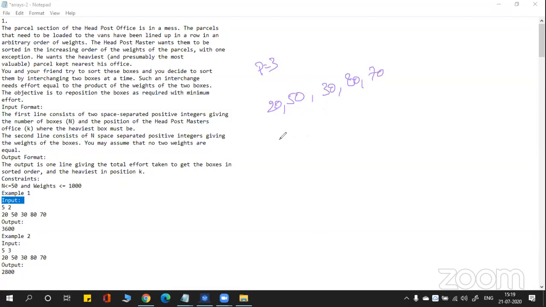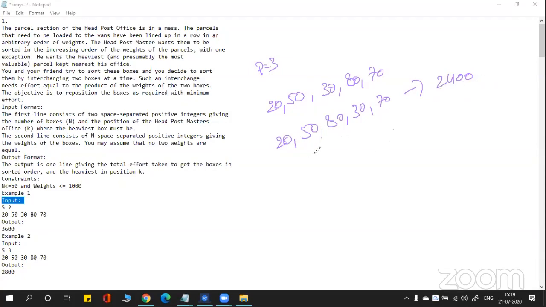If I try this logic, 20 50, so instead of going with this, I'm directly changing 80 30 70. So what I'm getting, my logic effort is 2400.